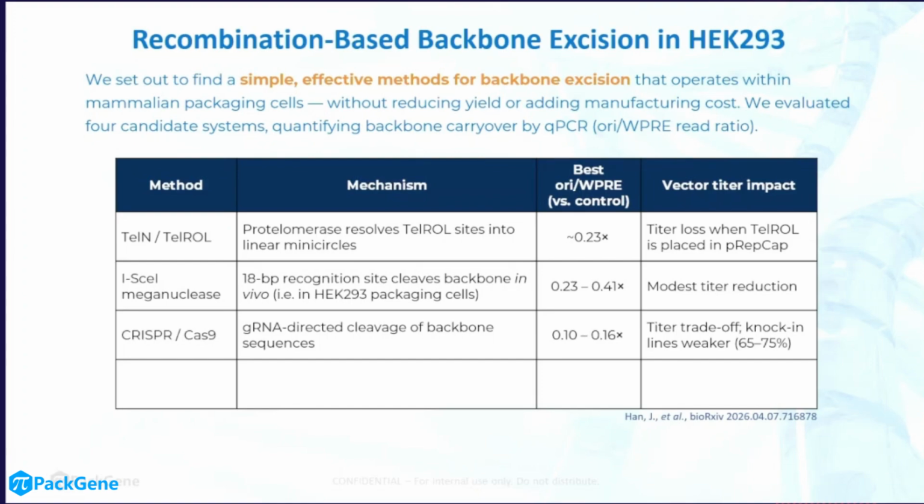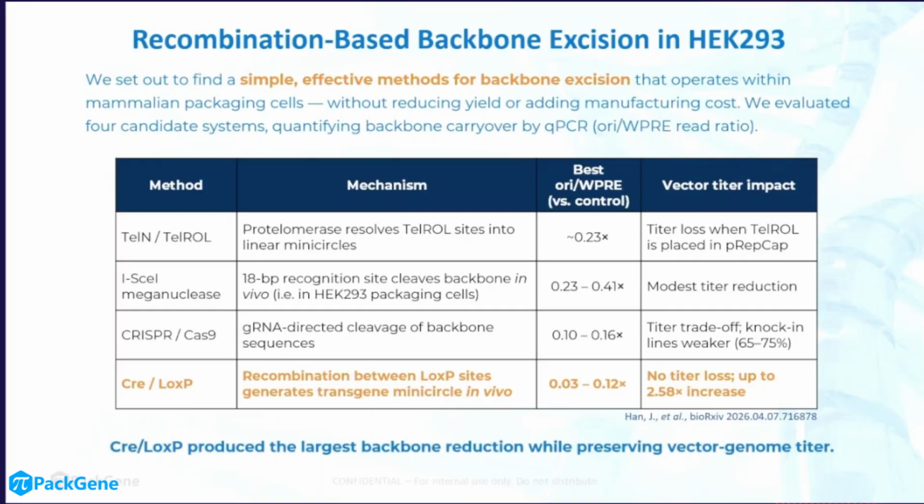In all of these cases, we actually get a very significant reduction in backbone, which is nice. But in a lot of them, that comes with a price in titer. We get less yield, and then we're not really keeping manufacturing costs down, which is very important. The fourth method really surprised us. This is just straightforward Cre-LoxP recombinase, and we got a significant reduction in backbone without any reduction in our yield.